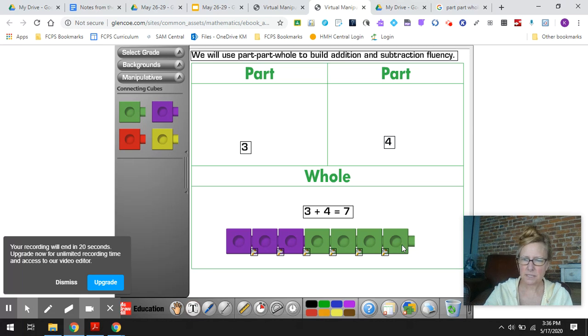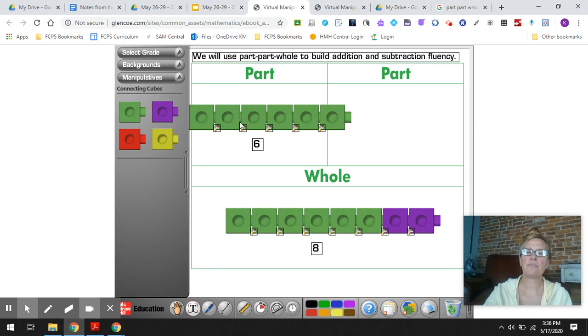Now remember what I said? Sometimes you get the part and the whole, but you're missing a part. How are you going to find this? Yes, this is where you'll use subtraction. You always start with the amount that gives you the total or the whole.